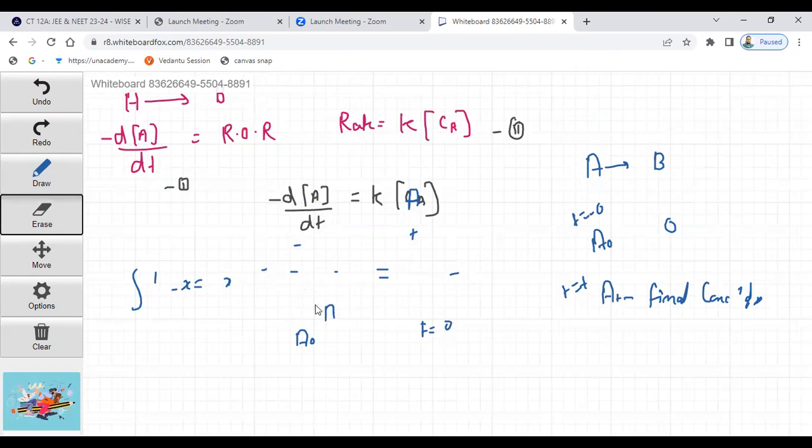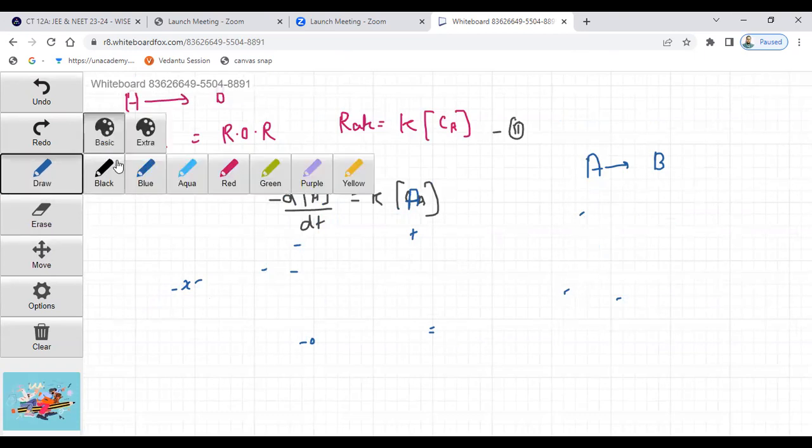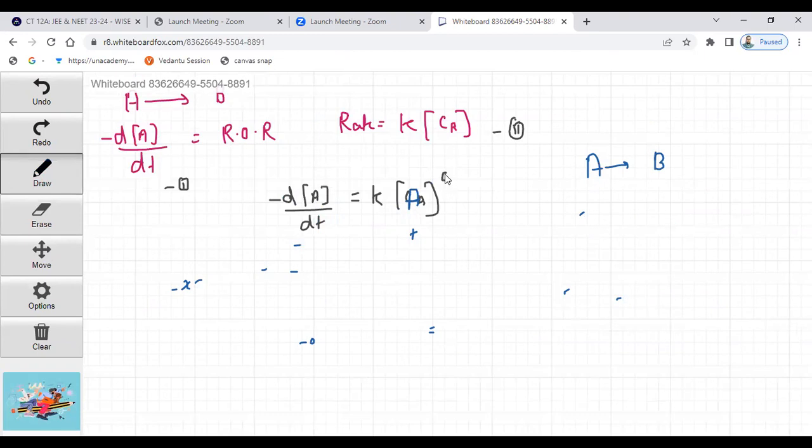Before integrating this, if I say that n value is equal to 0, then the rate value will be k into CA to the power 0.